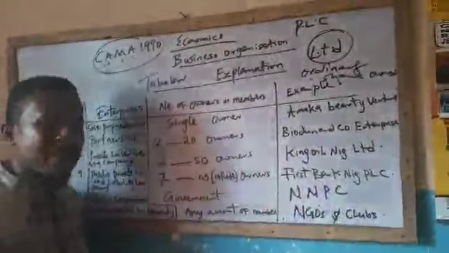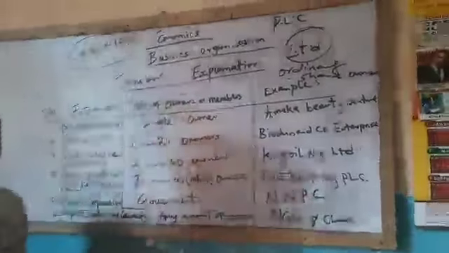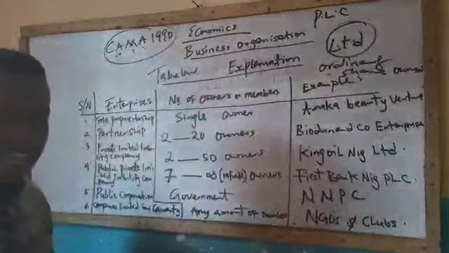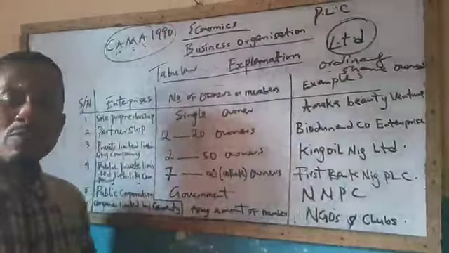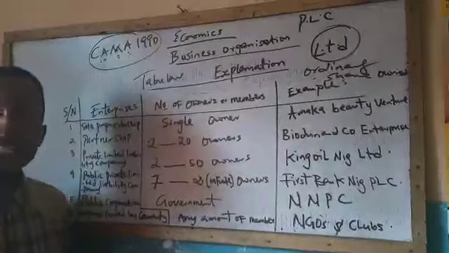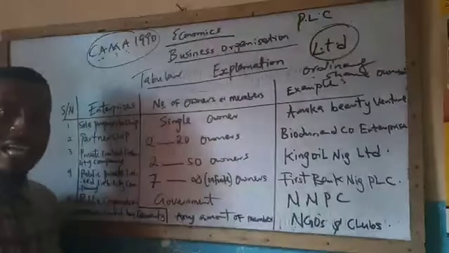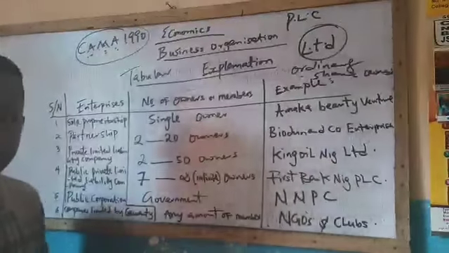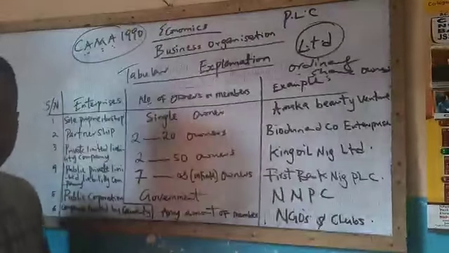And in terms of the shares of a public limited liability company, they are usually enlisted in the stock exchange. Their shares are always there for sale. You can go down to the stock exchange to buy their shares, or you can contact their brokers to buy their shares, provided you agree on a brokerage that you will pay him later.